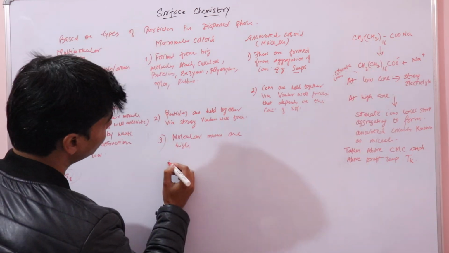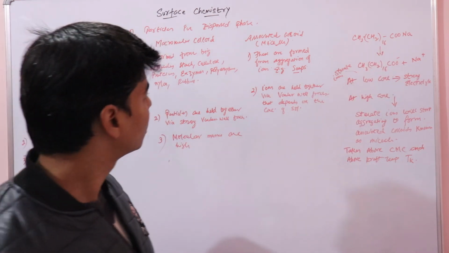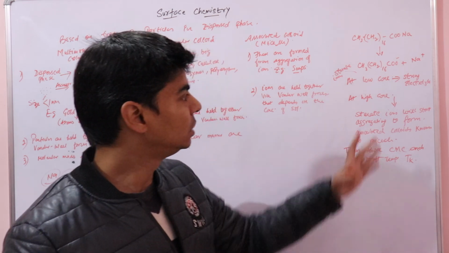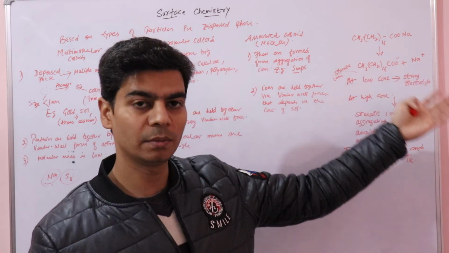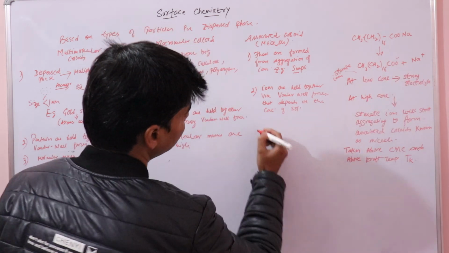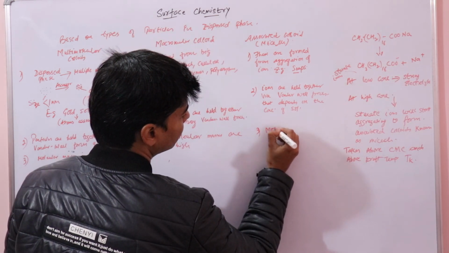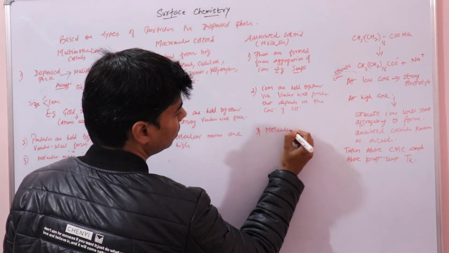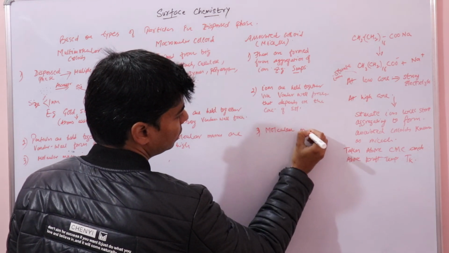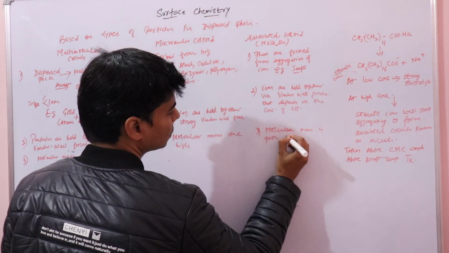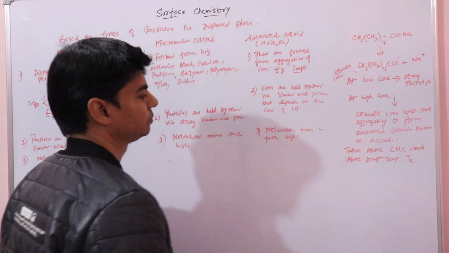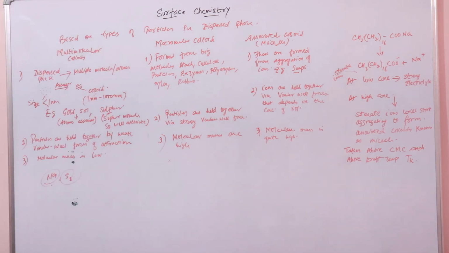Even if you look at glucose or cellulose or proteins, these molecules are quite big, so their molecular mass would be quite high. So here molecular mass is quite high, right.